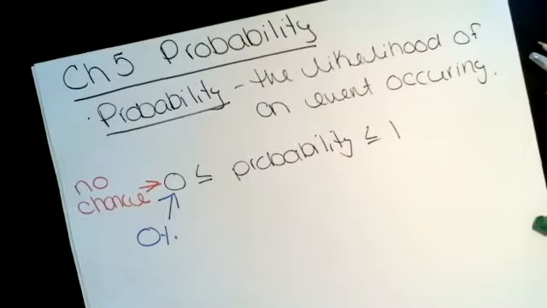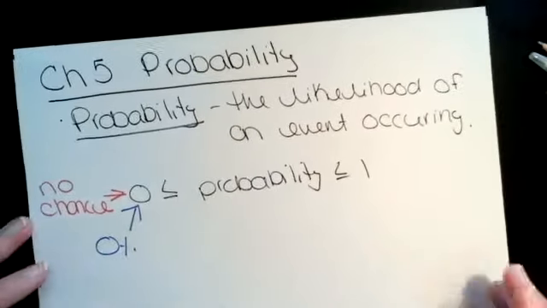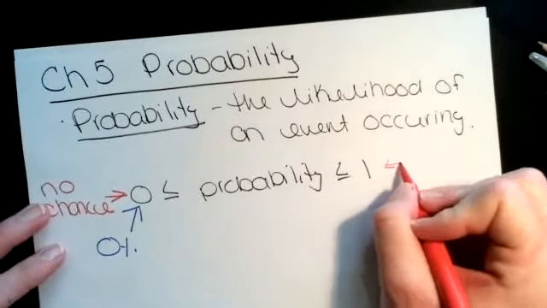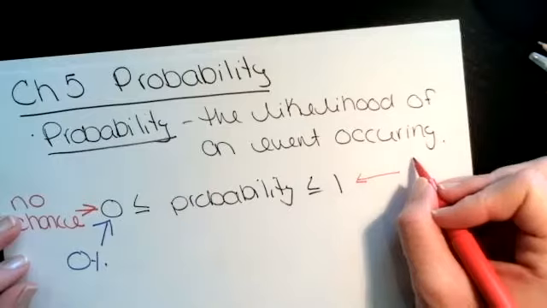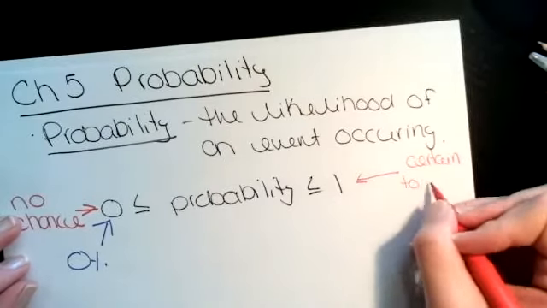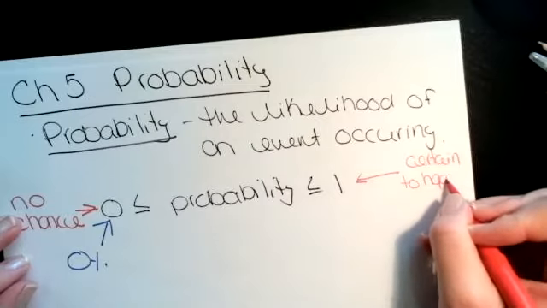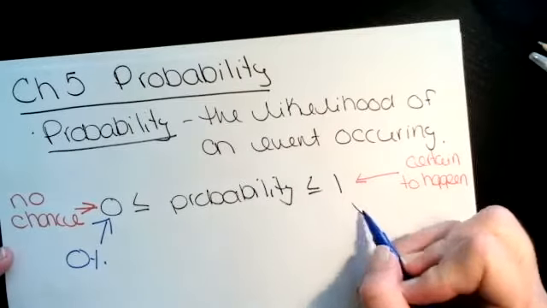And I say that's extreme because you have to be very certain that something's not going to happen in order for it to have a 0% chance. And on the flip side, a probability of 1 means you're certain that whatever that event is will happen. So it's certain to happen, and 1 just means 100%.